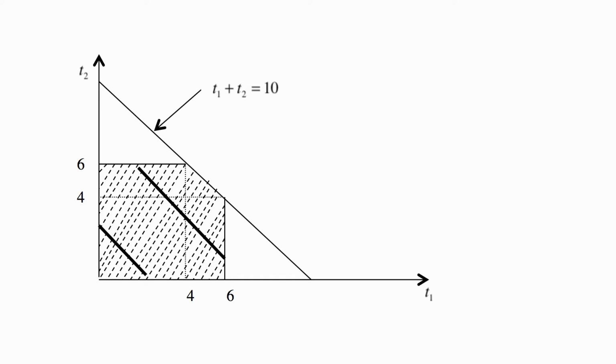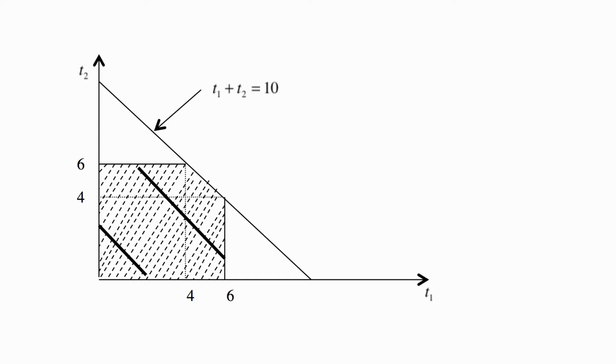So this way you can see that it cuts out half of the 2 by 2 square in that upper right corner, and the area of a 2 by 2 square is 4, and half of that is 2, so that the area of the region where T1 is between 0 and 6, T2 is between 0 and 6, and the points T1, T2 are under the line where T1 plus T2 is 10, because we want T1 plus T2 less than 10.